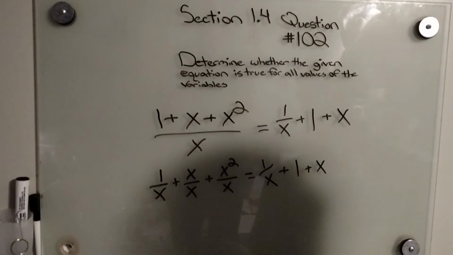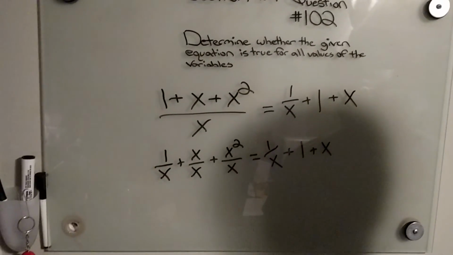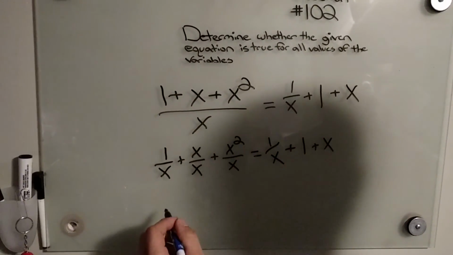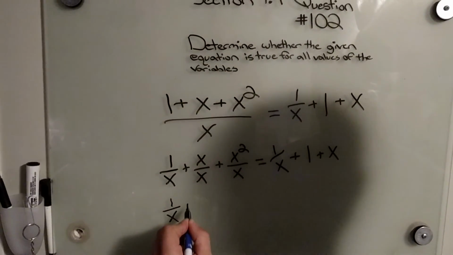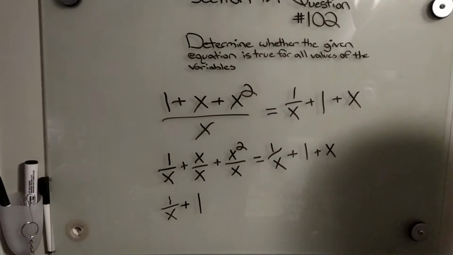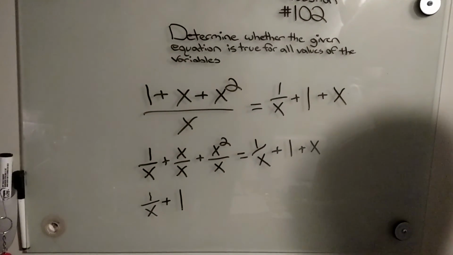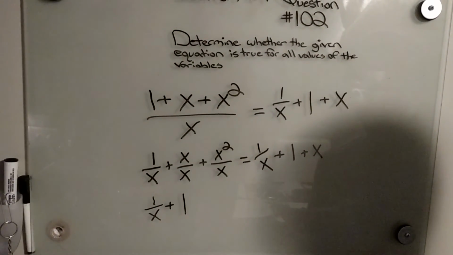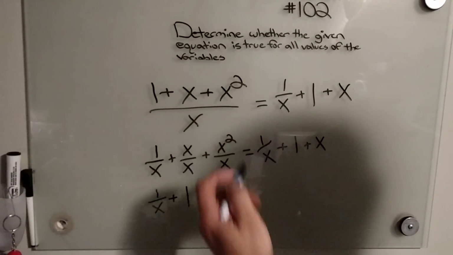And any number divided by itself is going to be equal to 1, so x divided by x gives us 1, leaving 1 over x plus 1. With the x squared divided by x, we deal with the quotient of powers property. When you divide powers with the same base, you subtract the powers.